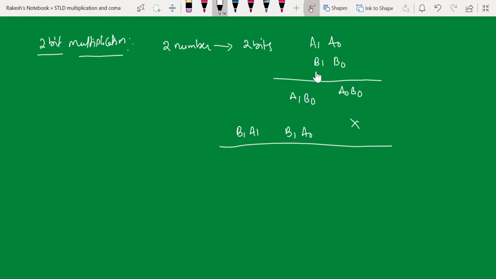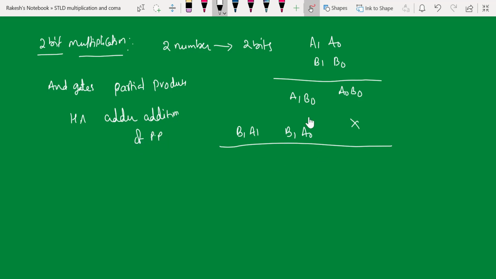So when you want to get the multiplication of two binary numbers, you need AND gates for partial products and adders for addition of partial products.